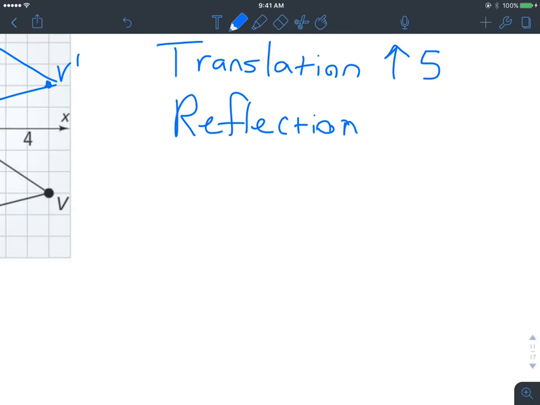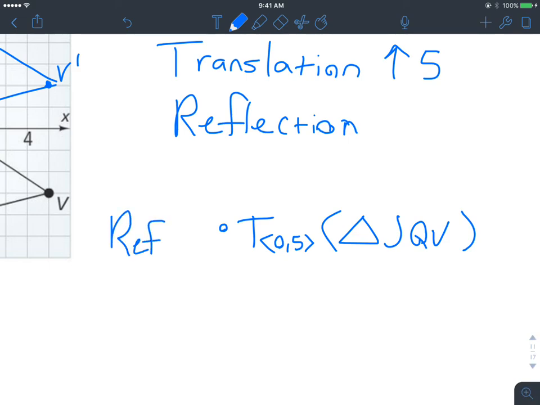All right, so to write that, remember the order is always kind of weird here. You want to start with JQV, that's what you're dealing with. And then first, you want to do the translation of up 5, so I'll say <0, 5> for that. You're going to put that little dot symbol, and then you're going to do the reflection. Whoops, I need to put it in the correct notation.